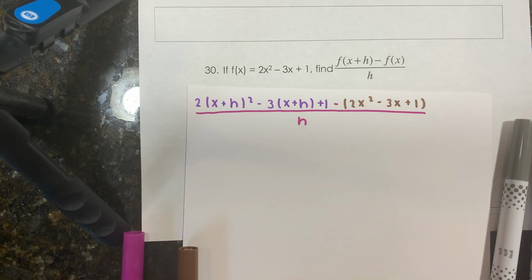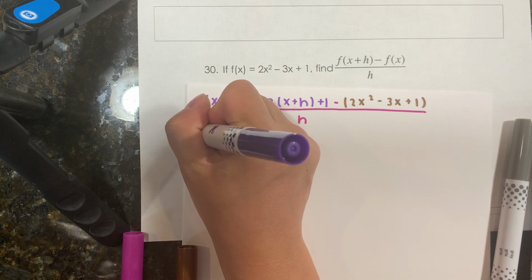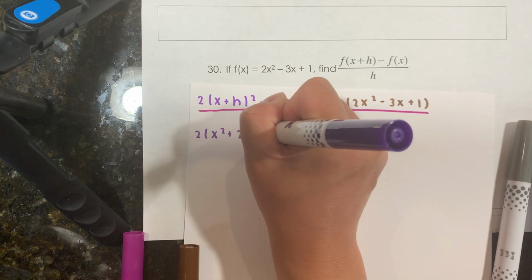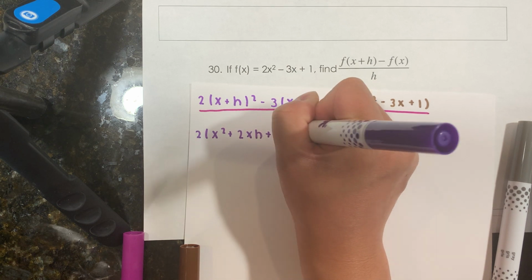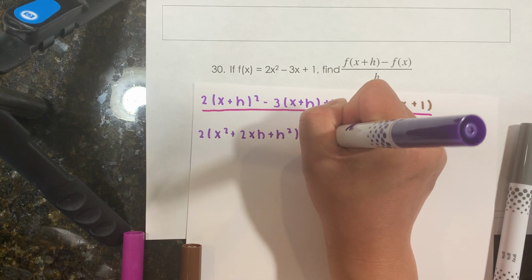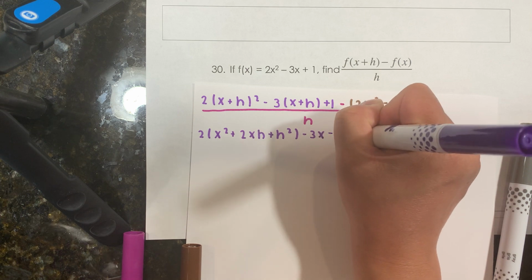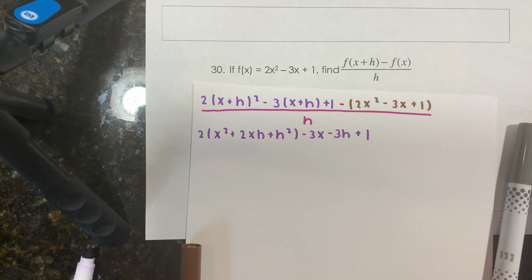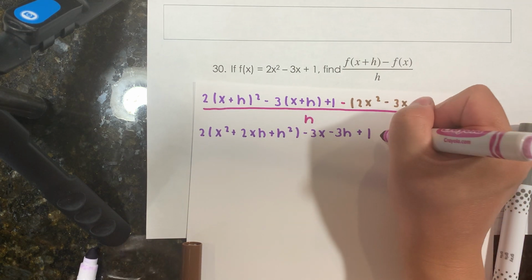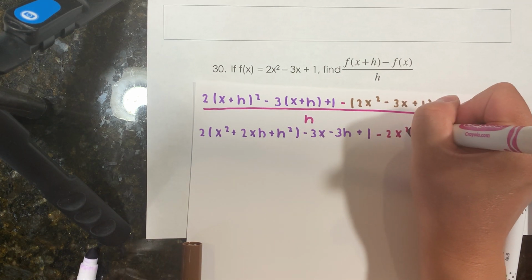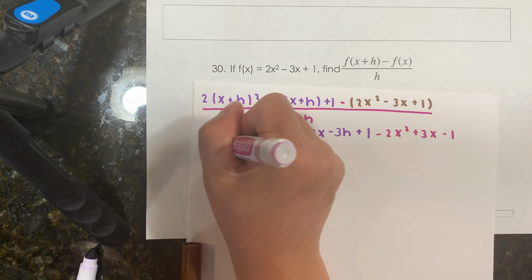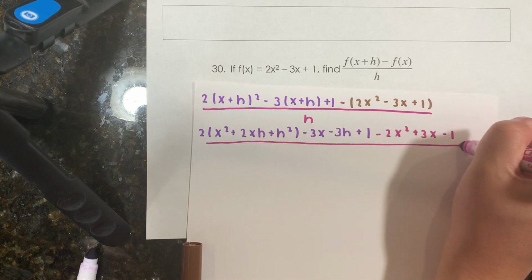Now what I'm going to do is I need to multiply that out. So for the first part, I'm going to have 2 times (x squared plus 2xh plus h squared) minus 3x minus 3h plus 1. I'm going to distribute the minus sign, so that would be minus 2x squared plus 3x minus 1 all over h.